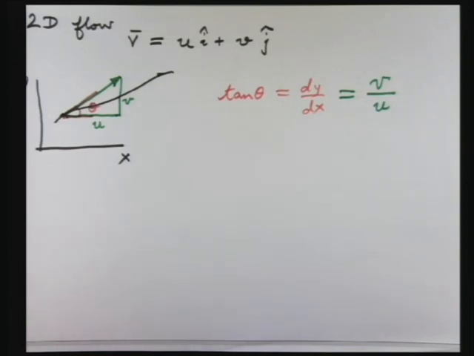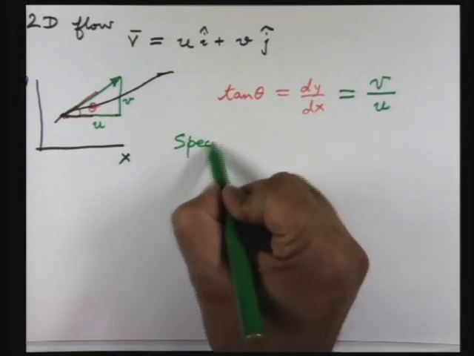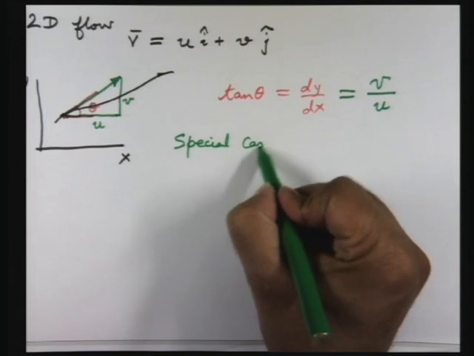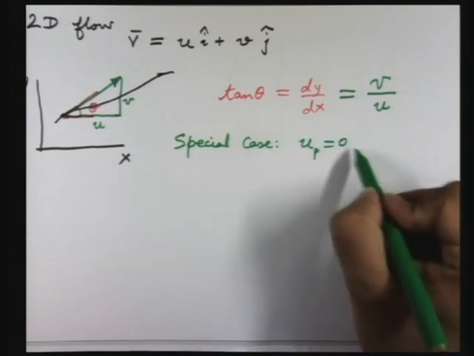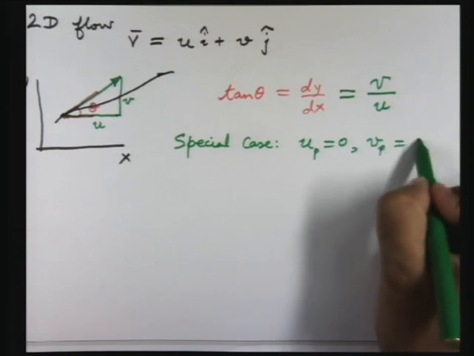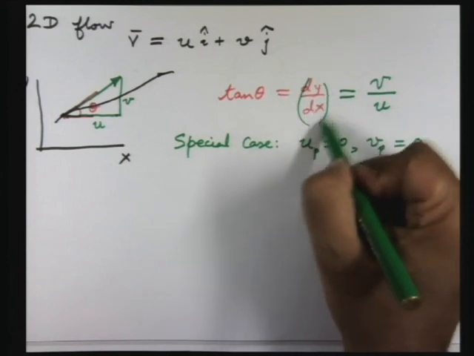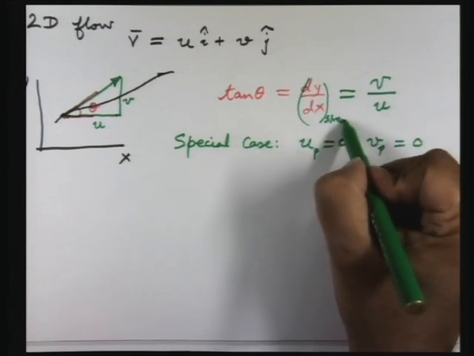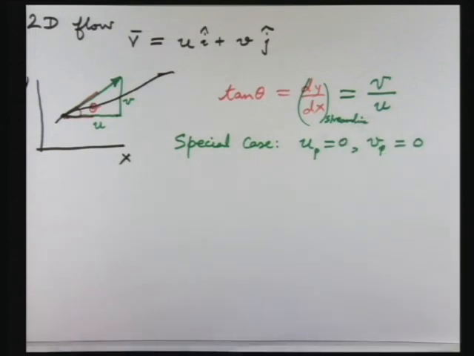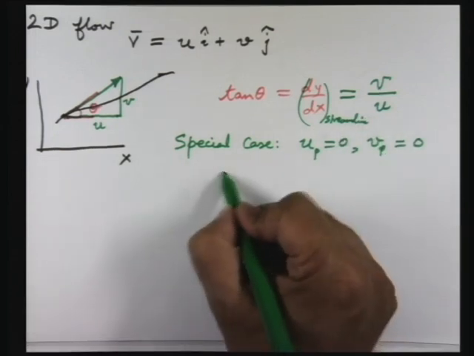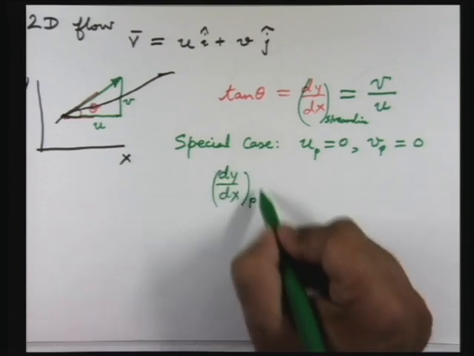Now suppose you have a point, let us look at a special case where u at a point is 0 and v at the point is also 0. Okay. So this is only of course for a streamline. Now what is dy dx for the streamline at the point P?